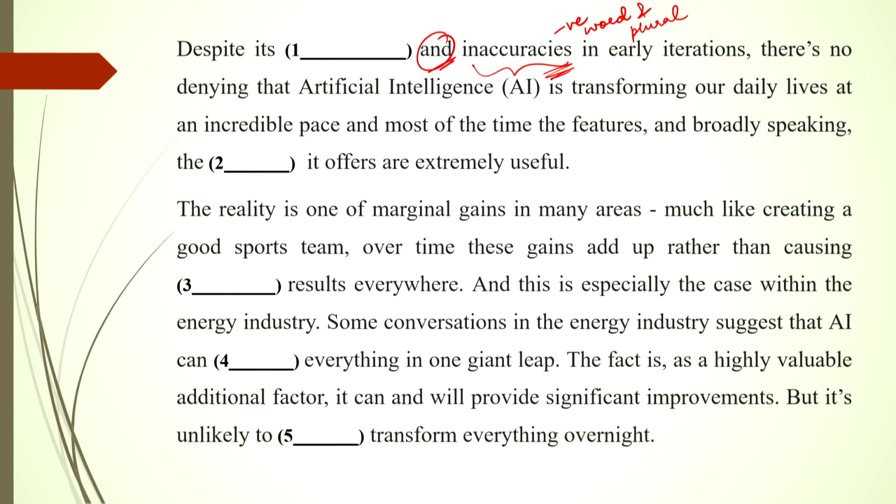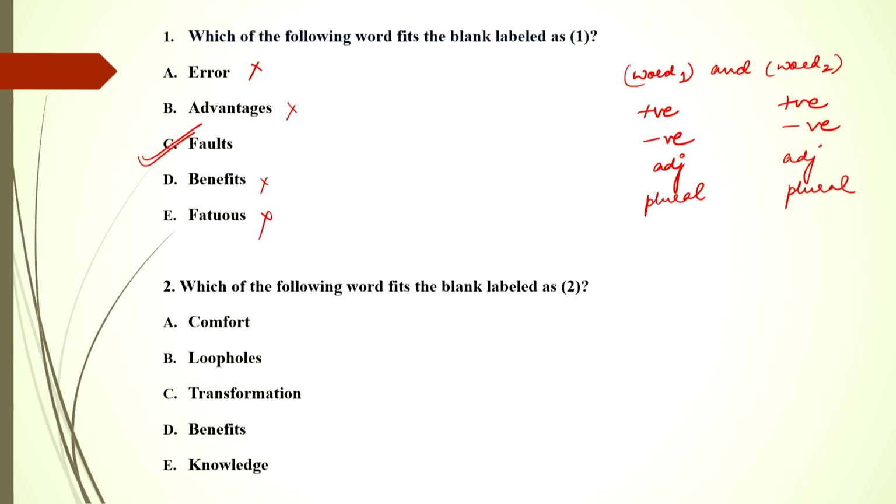Now again, if you observe carefully, after blank 2, are is used. Are is what? It is a plural verb. So it implies that the word in blank 2 would also be plural. And as you can see, the tone is positive, hence the word will also be positive. Positive and plural. Fine. So now let us look at our options.